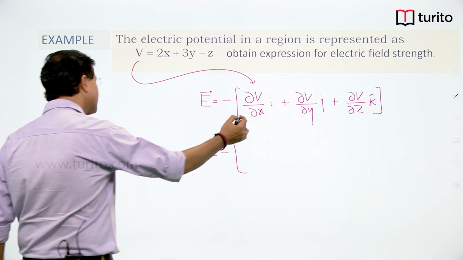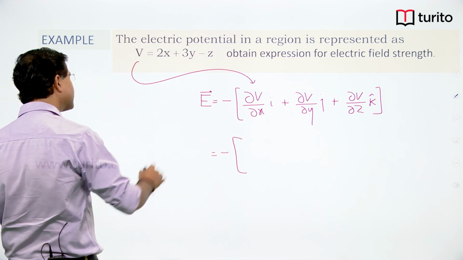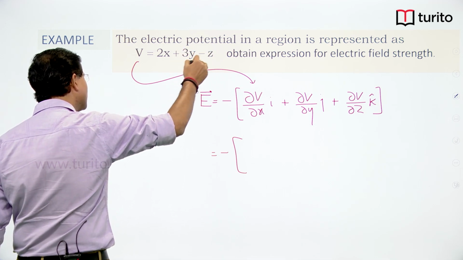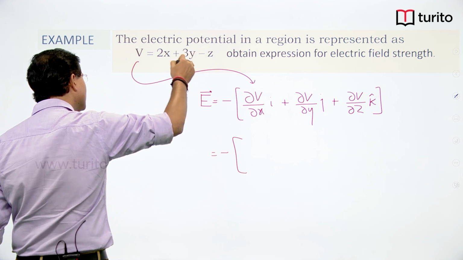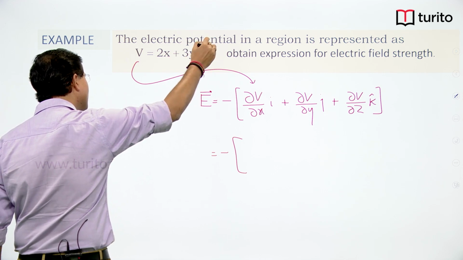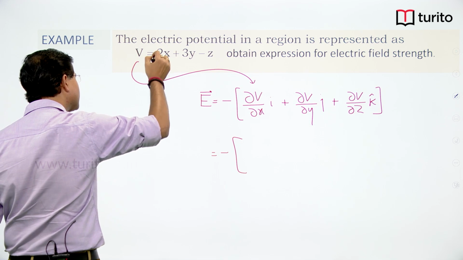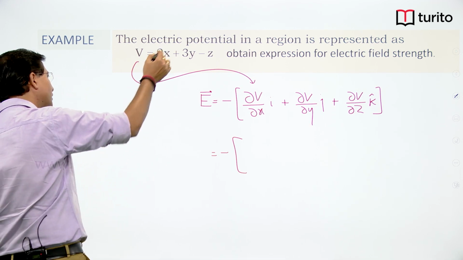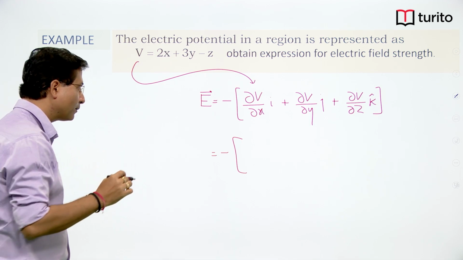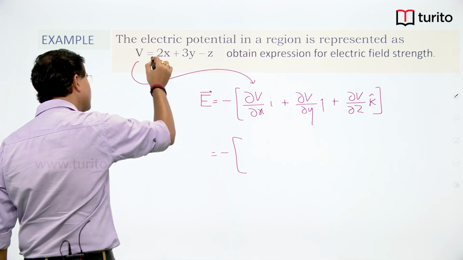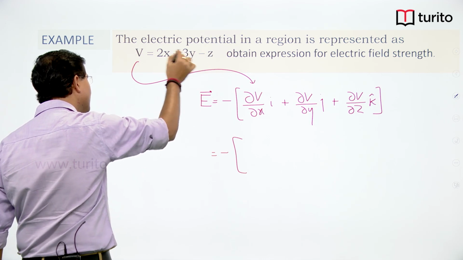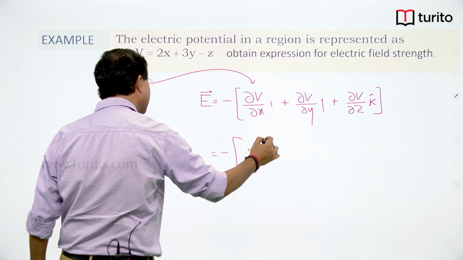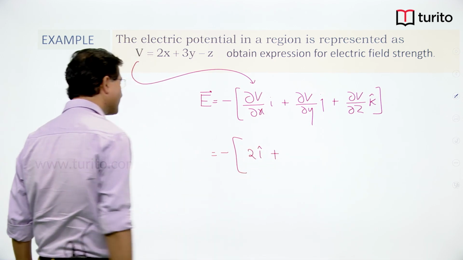As we are doing differentiation partially with respect to x, y and z are to be considered as constant. So, differentiation of constant will become 0. So, differentiation of these two terms will be 0, we need to differentiate this 2x. So when we differentiate 2x, 2 I can take out, x to the power 1 differentiation is 1. So when you differentiate this one with respect to x, these two will be 0 and differentiation of this one will be 2, then i cap plus.